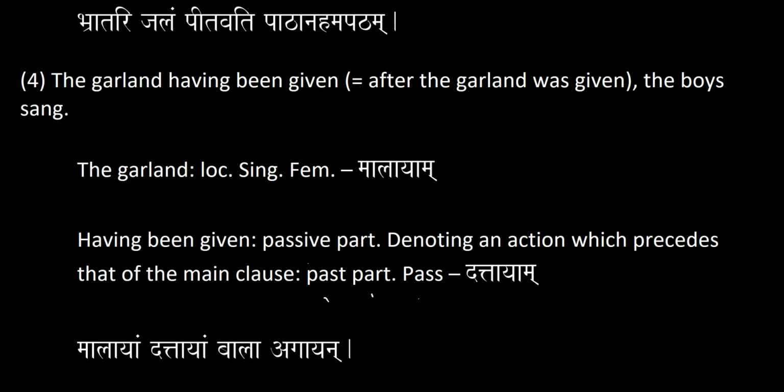So that is the formation of the feminine. So that is locative feminine. That is being declined like lata. Datta becomes datta after adding the long a at the end, and then you're declining it like lata here. So you're ending up with malayam, dattayam, bala, agayan.